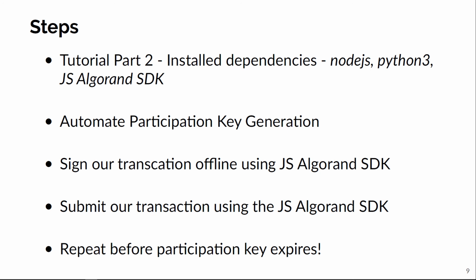Next, I will introduce how we can sign the transaction in an offline manner using the JavaScript Algorand SDK. In the next part, we submit our first transaction using the JavaScript Algorand SDK. And finally, we have to keep in mind that before participation, we want to keep the key secure. And with that, I would like to close the first part of this tutorial.